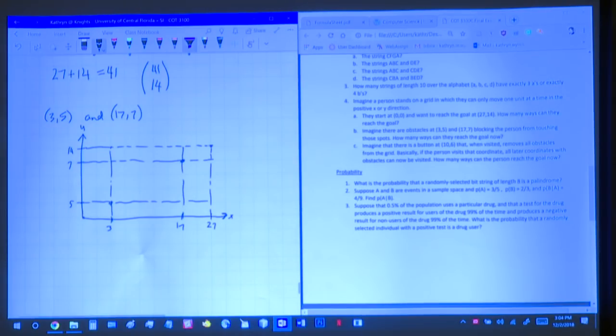So basically, he can't choose any paths that go in and out of these spaces. If we were to highlight in yellow all the paths he can't take that pass through 3, 5, they would look like this. And if we did blue, all the paths that go through 17, 7 would look like this.